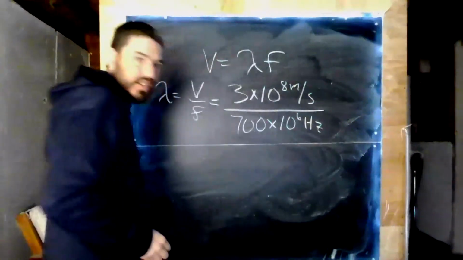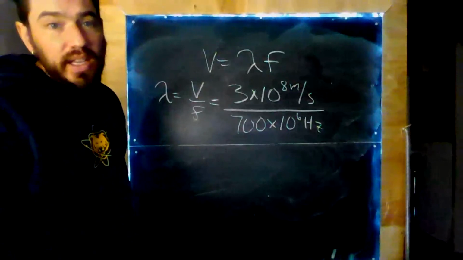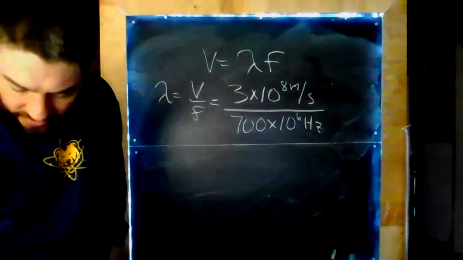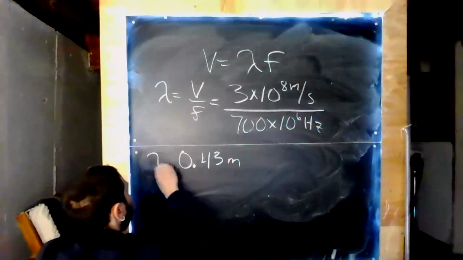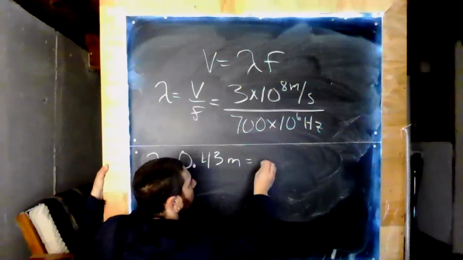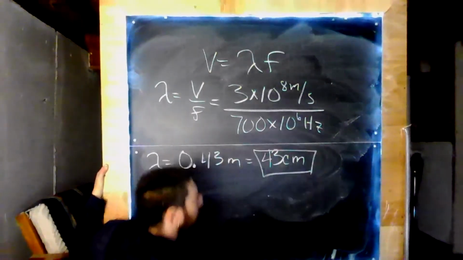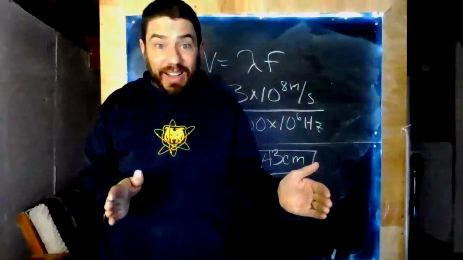We want to convert that to standard units so that we are assured we'll get standard units out. Now all we need to do is run our calculator. Okay, I ran my calculator and I got 0.43 meters, or 43 centimeters. All right, so 43 centimeters is something like that.